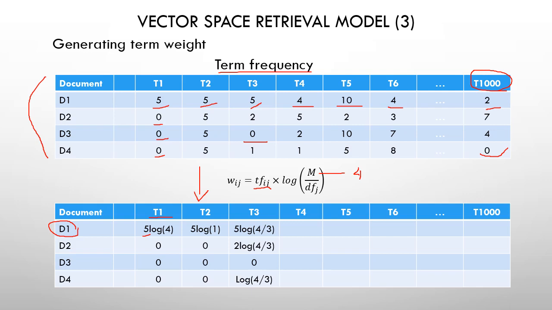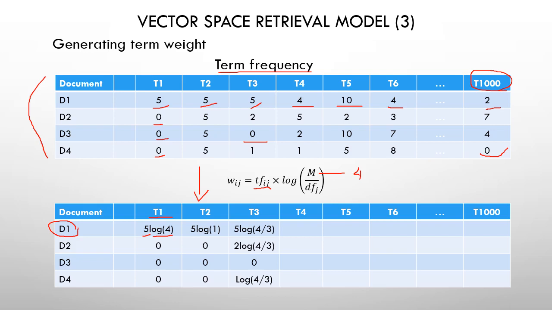So it doesn't appear on document number 2, document number 3, and document number 4, which means that DFG for term number 1 is 1. So the weight is 5 logarithm of 4 divided by 1, which is 4. Whatever the number of log 4.